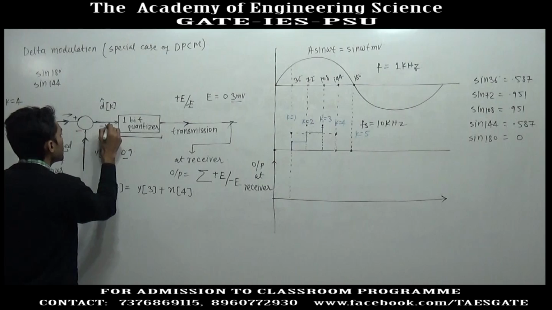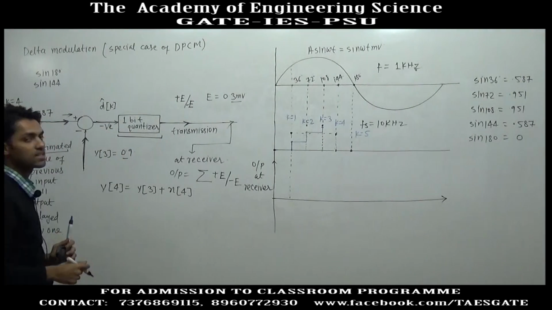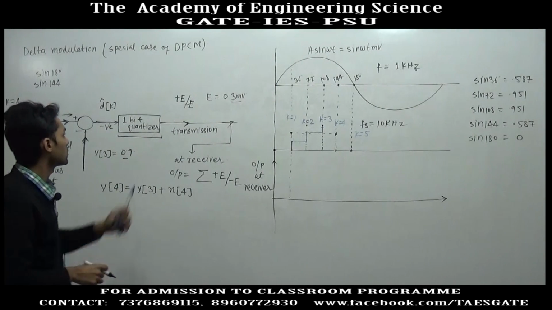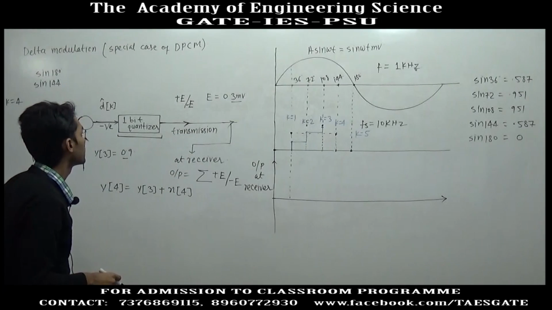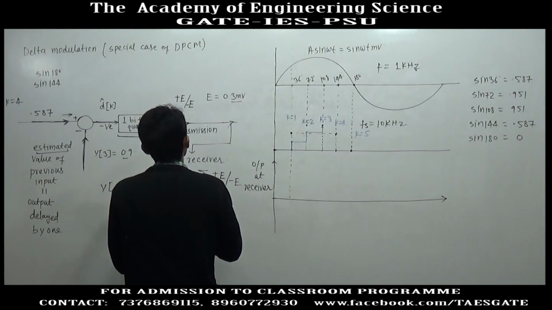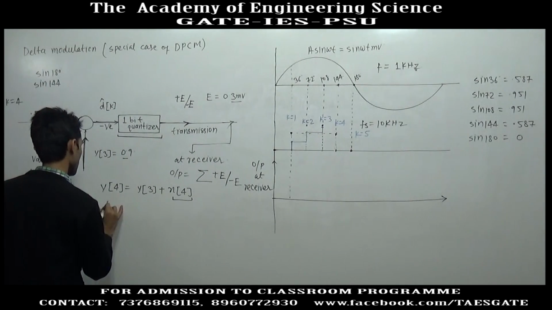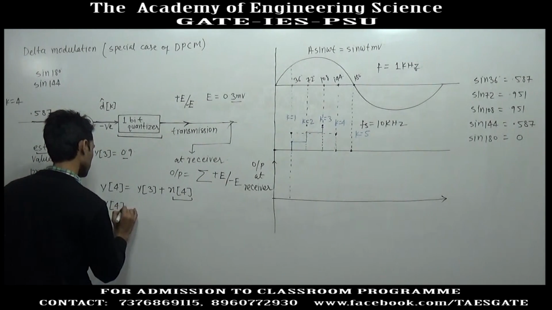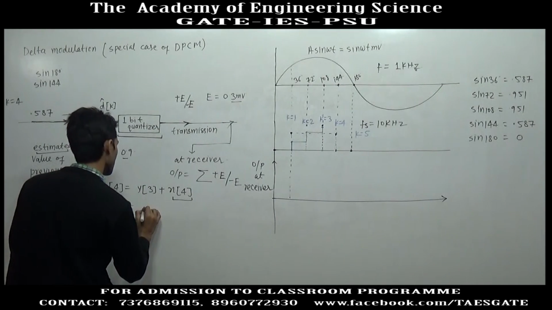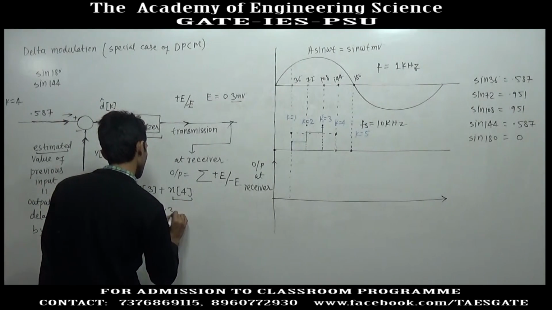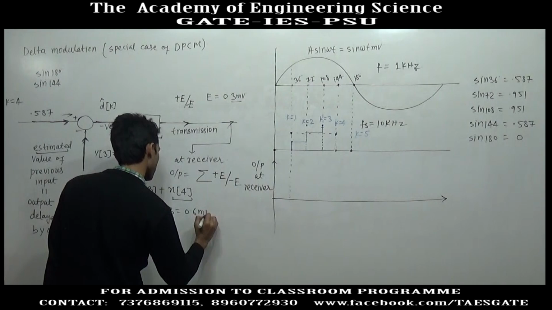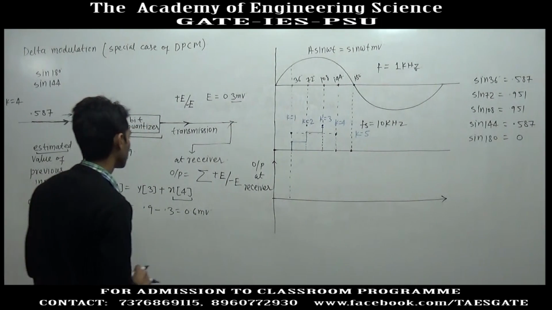So, the signal will be negative, and if any negative signal is input to the 1 bit quantizer, the output will be minus threshold value. So, here we will get x4 as minus 0.3 millivolt. So, y4 will be y3, which is 0.9, minus 0.3, 0.6 millivolt.